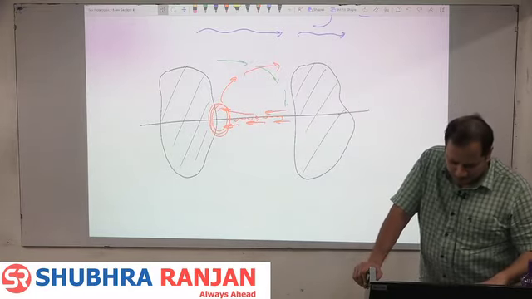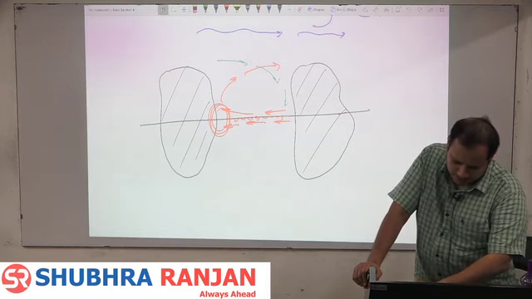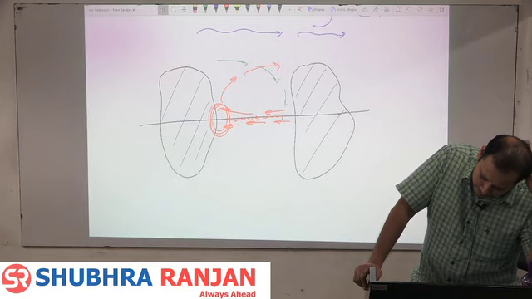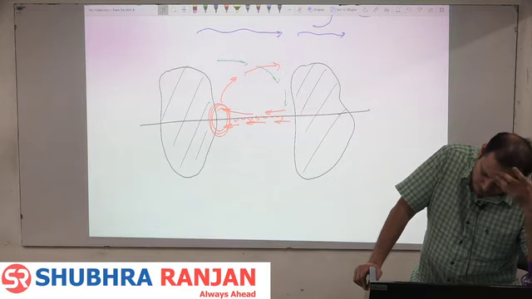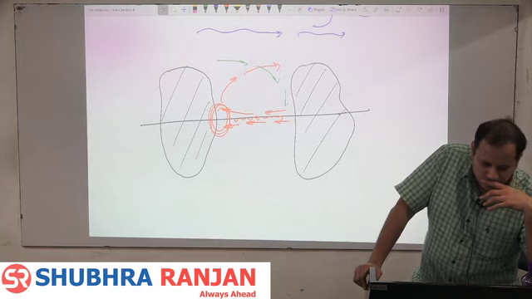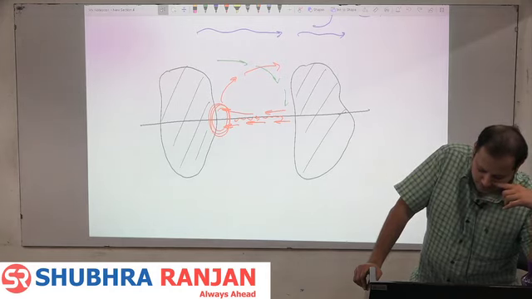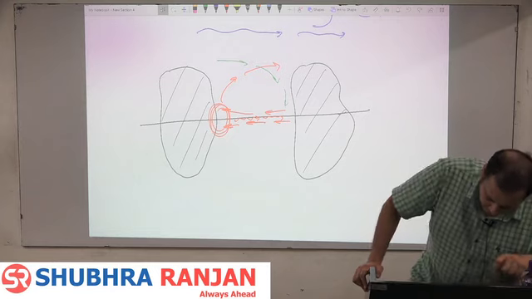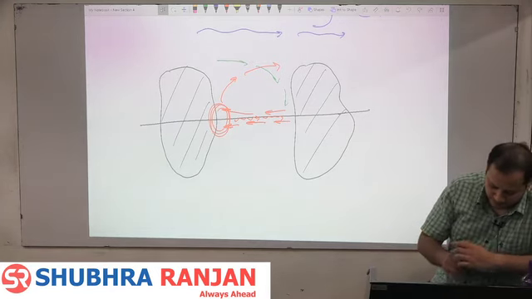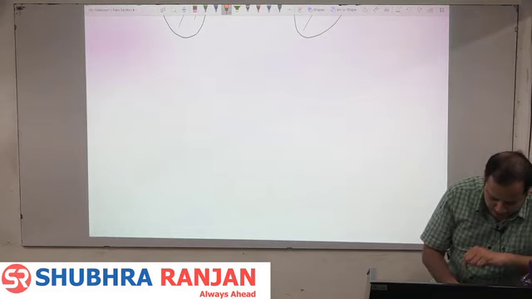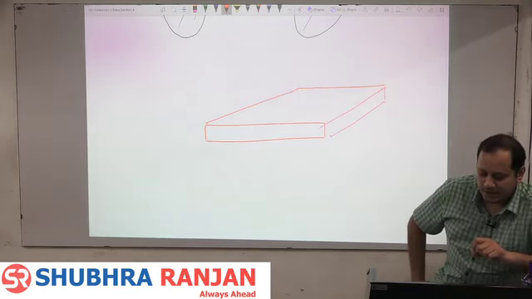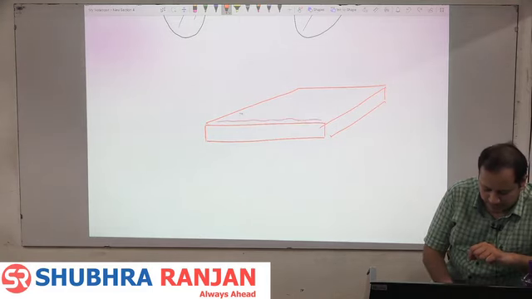So Ekman was a Swedish physicist who developed a circulatory model of ocean currents, known as Ekman's spiral.